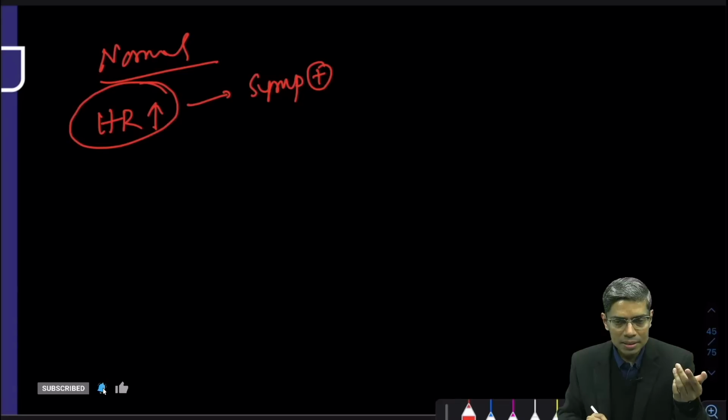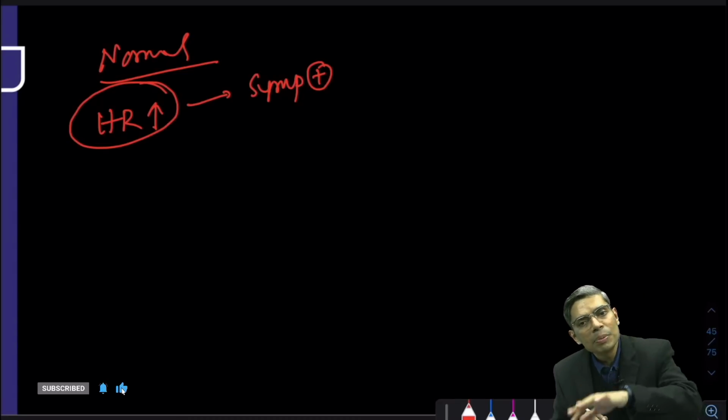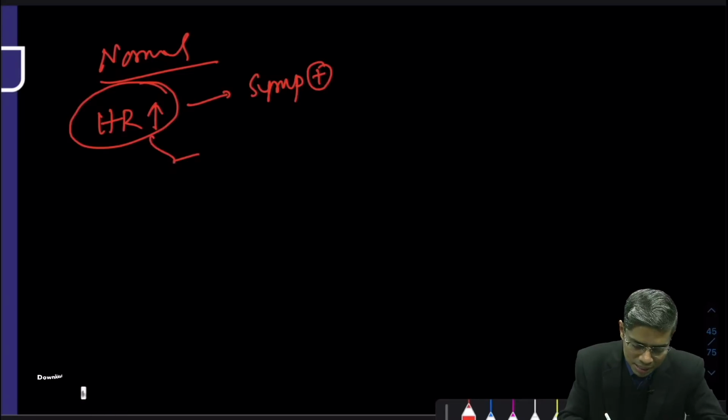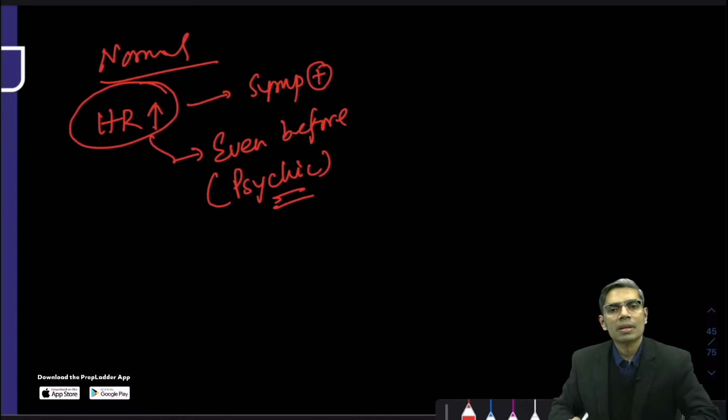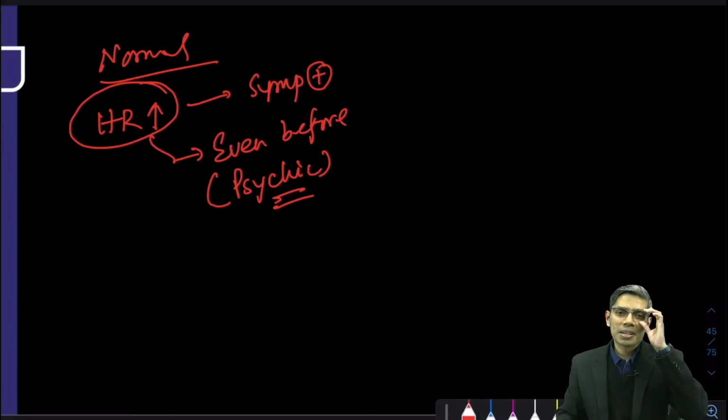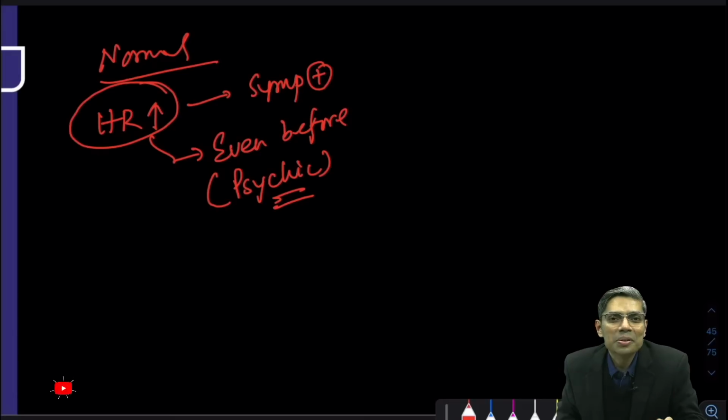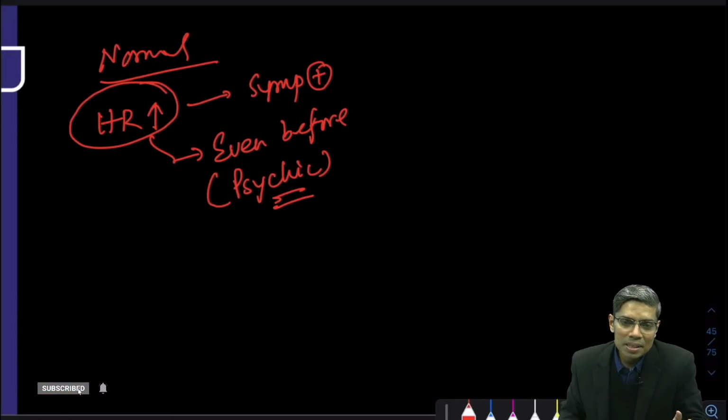After you start the exercise, sometimes even before the starting of exercise, heart rate increment can also occur, and this is due to psychic stimulation. Psychic stimulation means you are just thinking that I have to start the exercise, okay, and this thinking will increase your heart rate, that is known as psychic stimulation, okay. So sympathetic stimulation will be activated, but before that psychic stimulation will increase the heart rate.